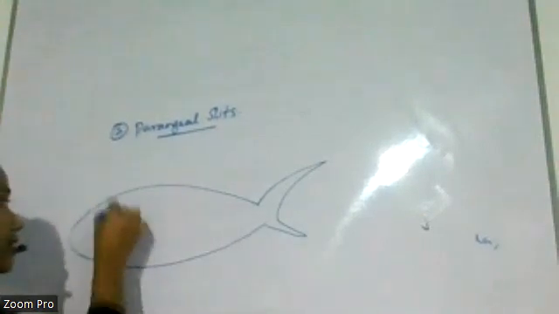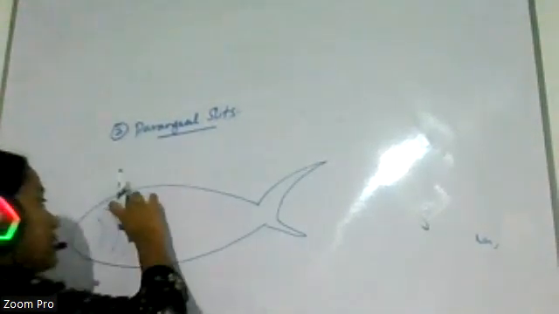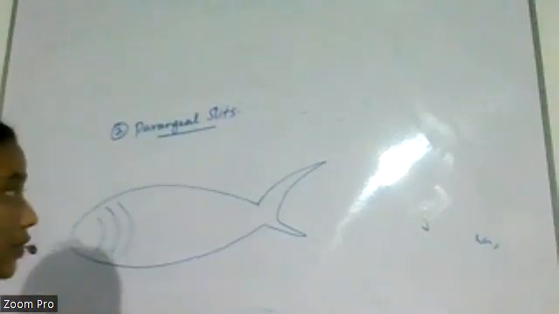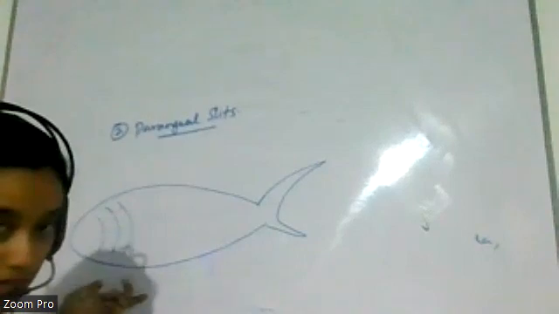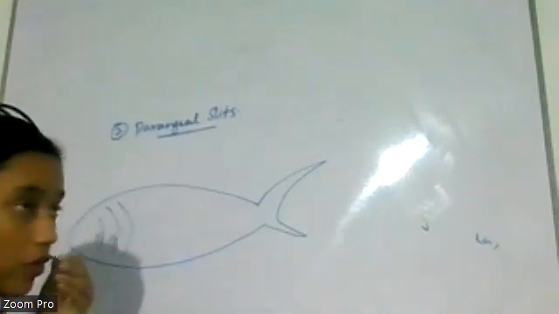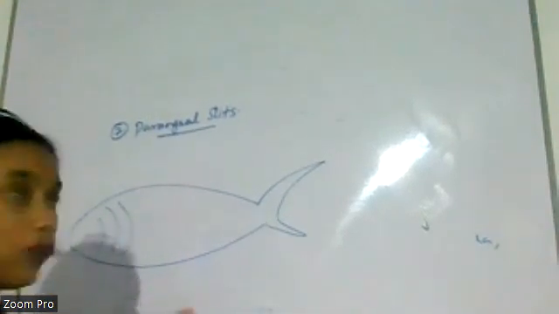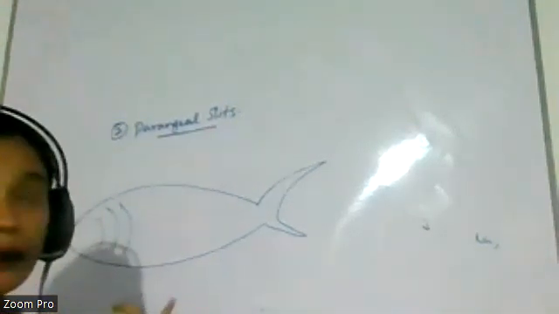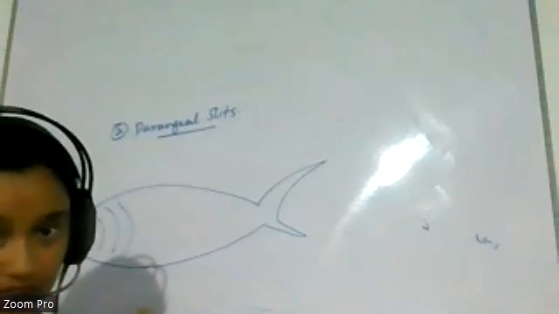You can see such slits. This is called pharyngeal slits. Not only the sharks, not only the fish, not only the Chondrichthyes and Osteichthyes fish, all the chordates have these pharyngeal slits even in their embryonic stage.